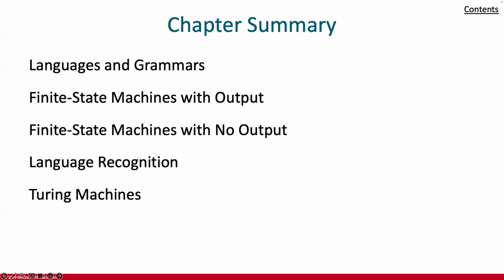So we will study three types of structures used in models of computation, namely grammars, finite state machines, and Turing machines. Grammars are used to generate the words of a language and to determine whether a word is in a language.